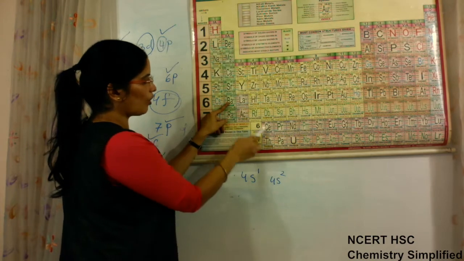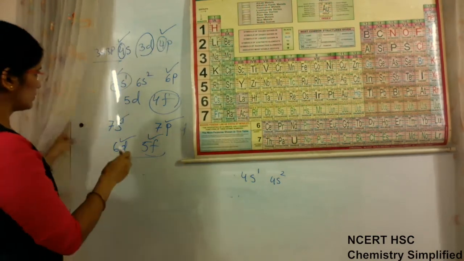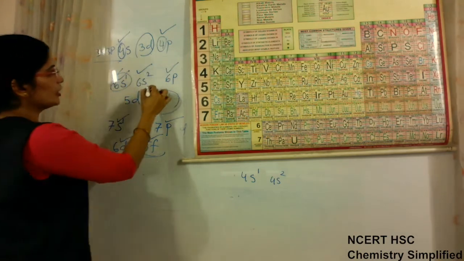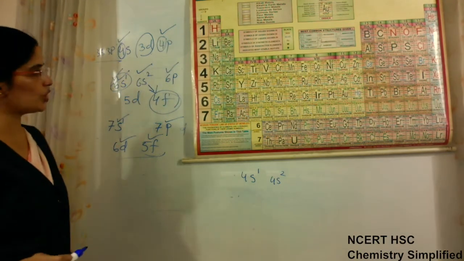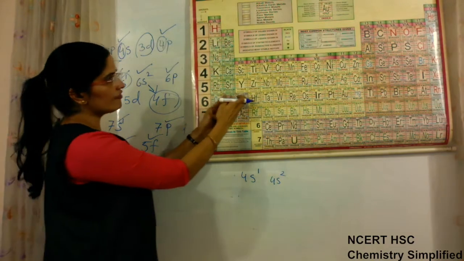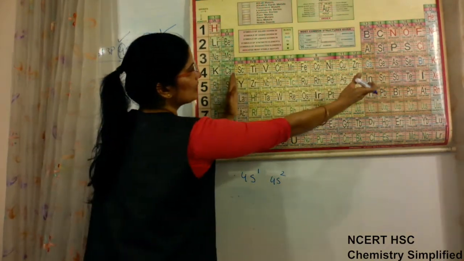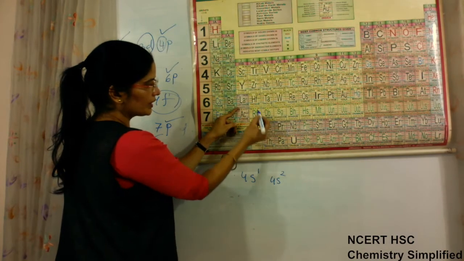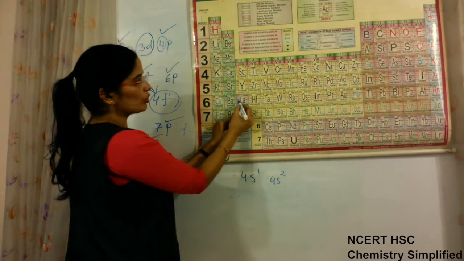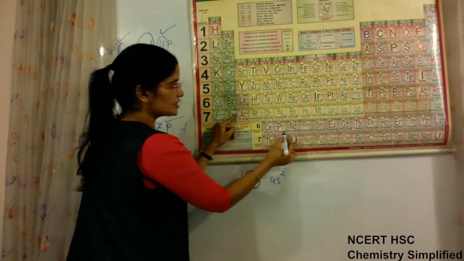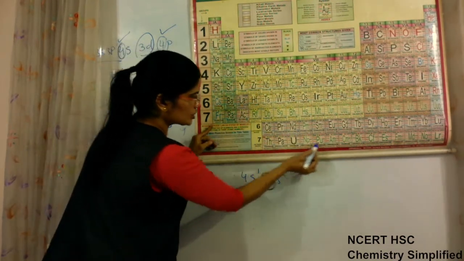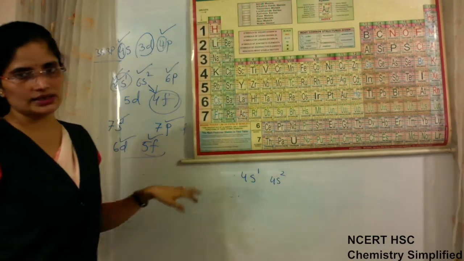Then the filling of this F is not placed here because this is for D. That is why we have placed this separately down. Okay, so this is because it follows lanthanum. That is why this is called lanthanoid series. Because this follows actinium, hence it is known as actinoid series.